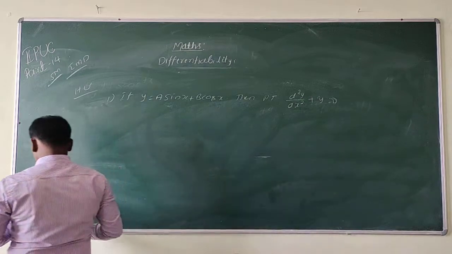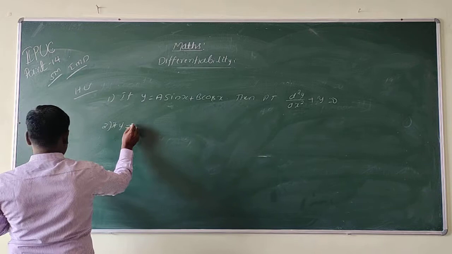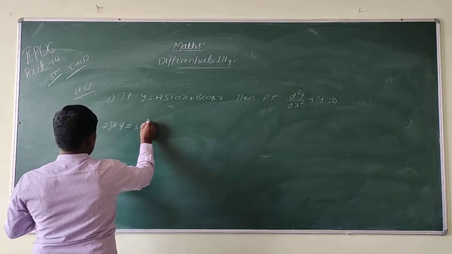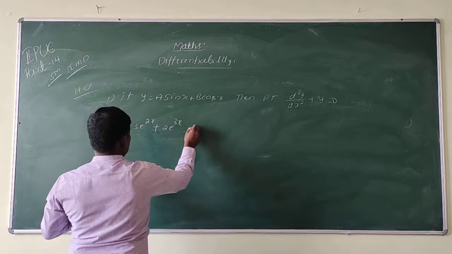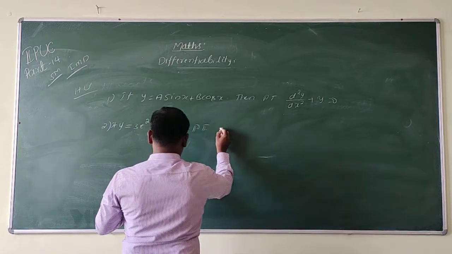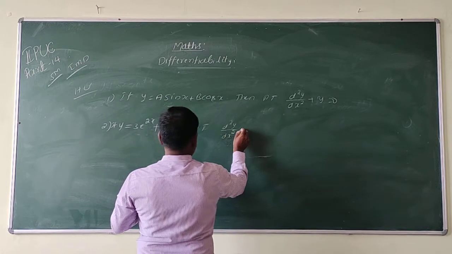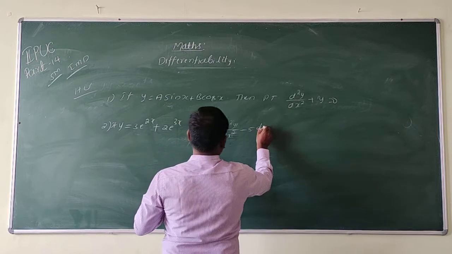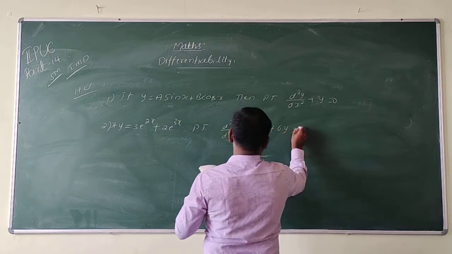And the second one: if y is equal to 3 into e to the power of 2x plus 2 into e to the power of 3x, prove that d square y by dx square minus 5 into dy by dx plus 6y is equal to 0.